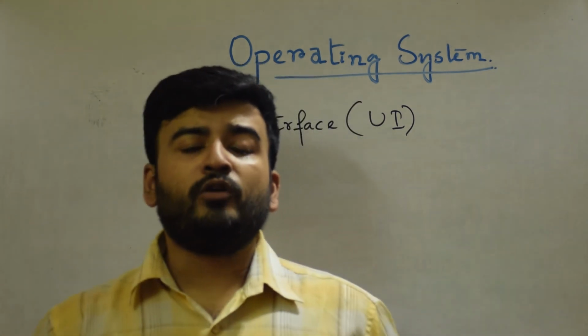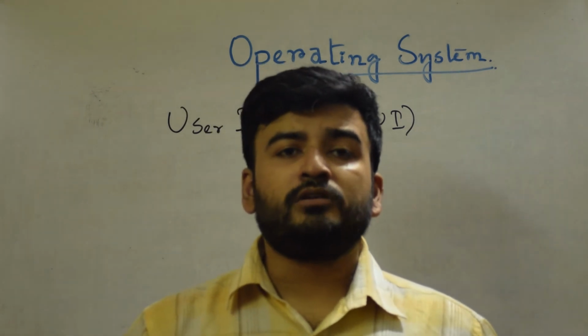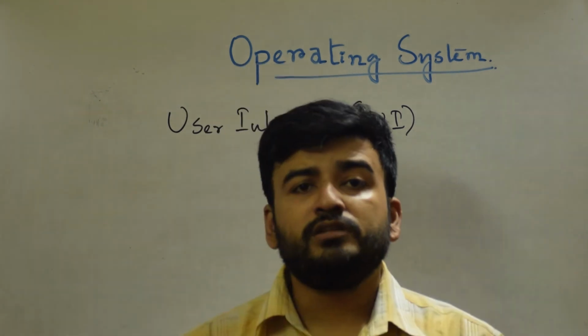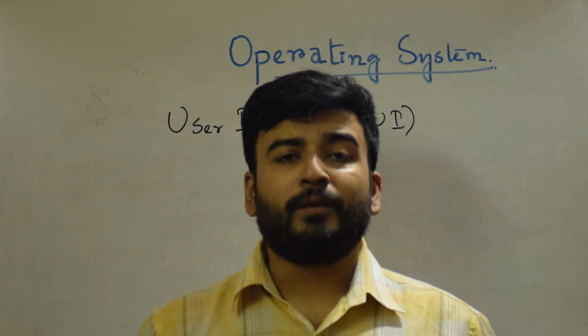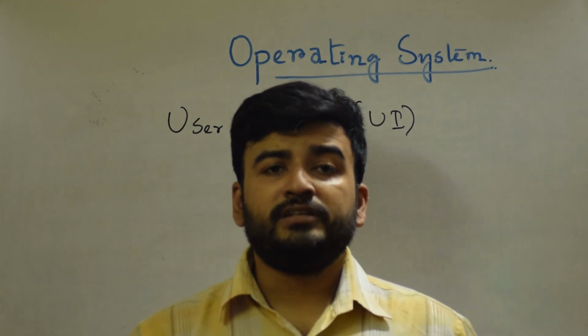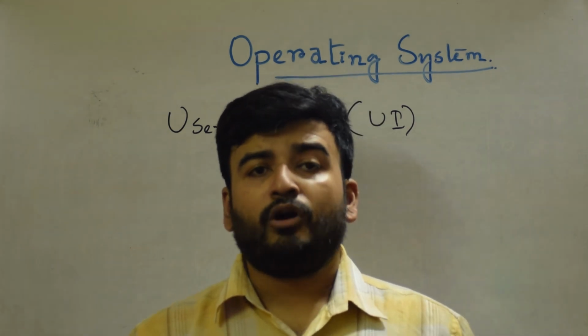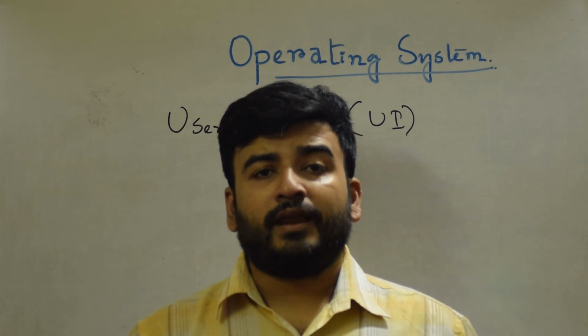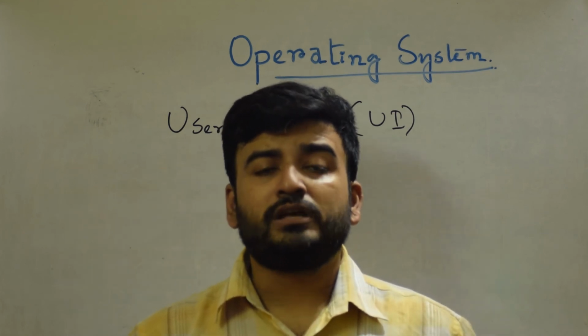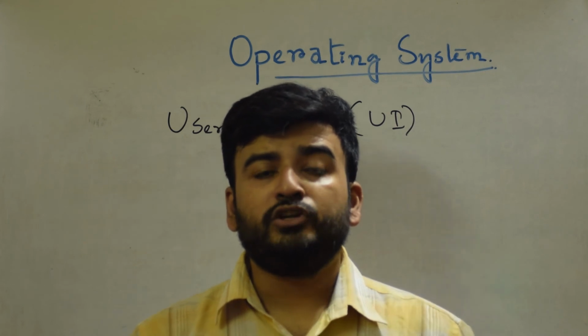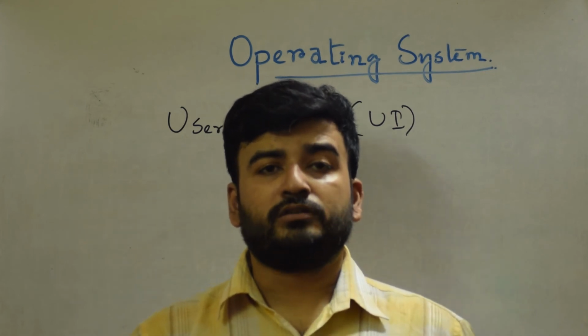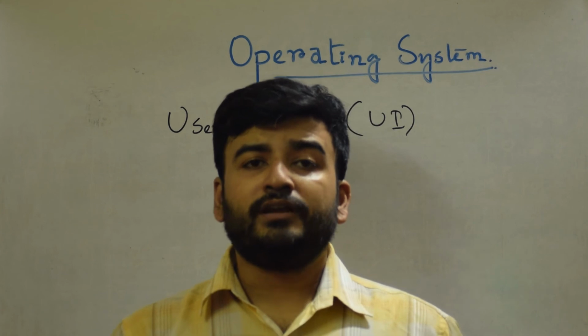Now, what do you understand about the user interface? The user interface refers to the part of the operating system, program or device that allows a user to enter and receive information. That is the user interface.